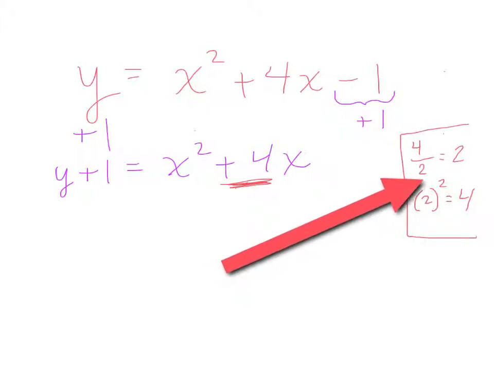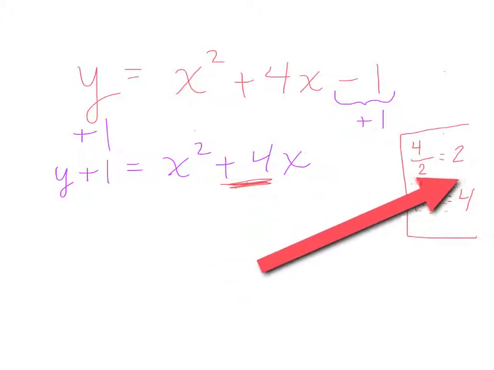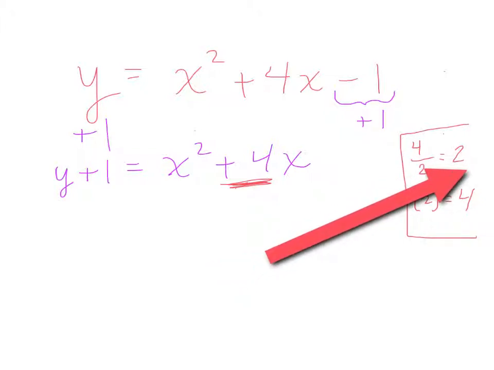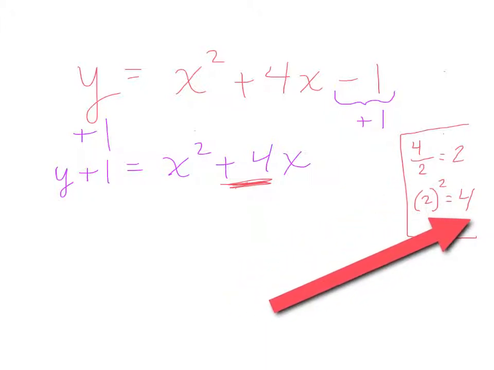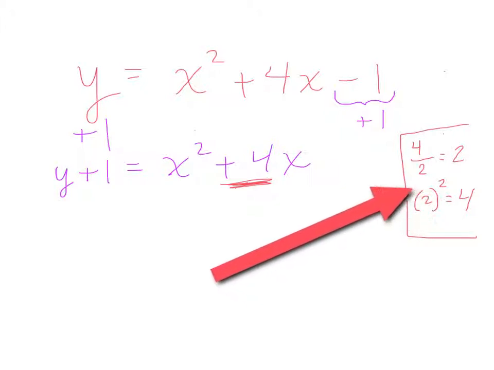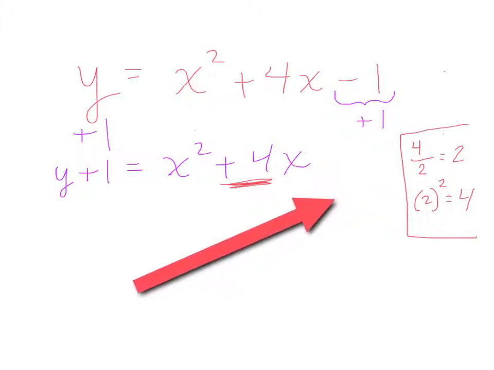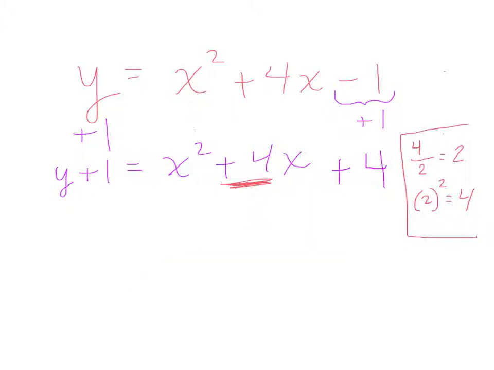Divide it by 2. You always divide it by 2. Cut it in half. And you get 2. And now you take that answer and you square it. 2 squared gives us 4. 4 tells you what to add here. So we're setting up a perfect situation. We have a perfect trinomial if we have the number 4 there. And you'll see why momentarily.